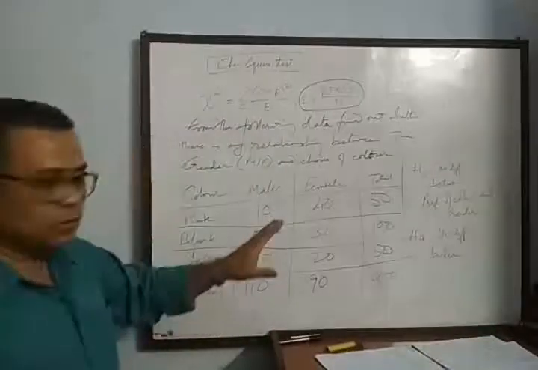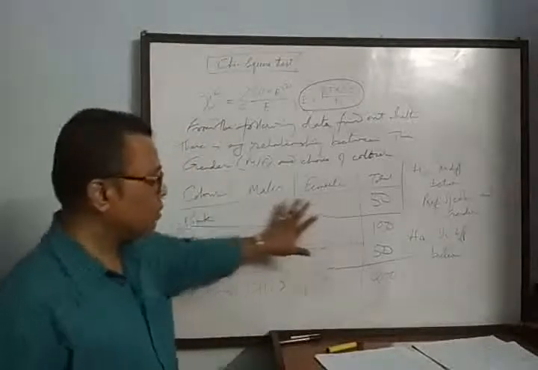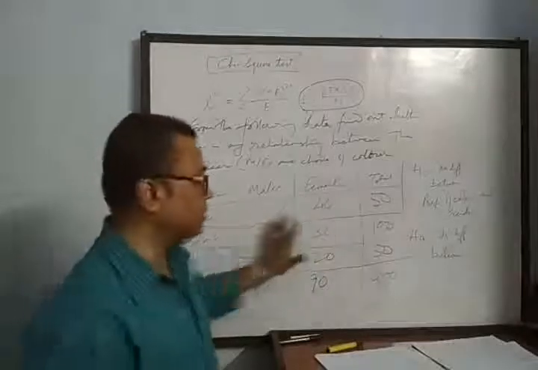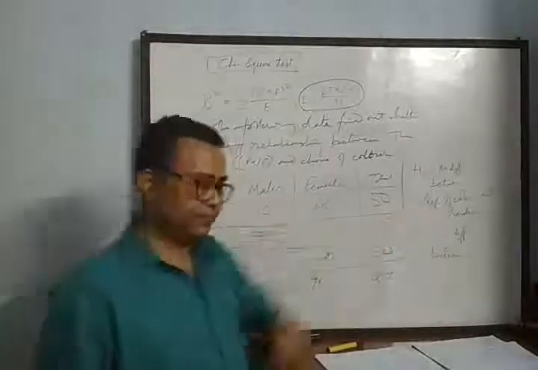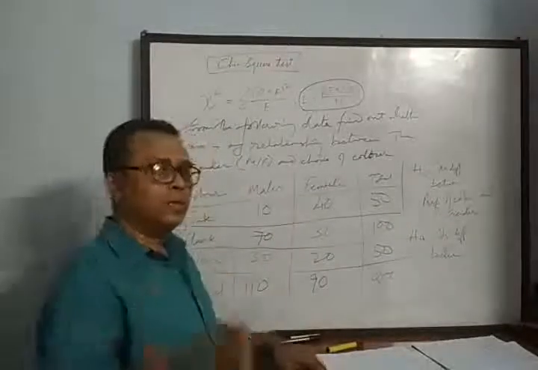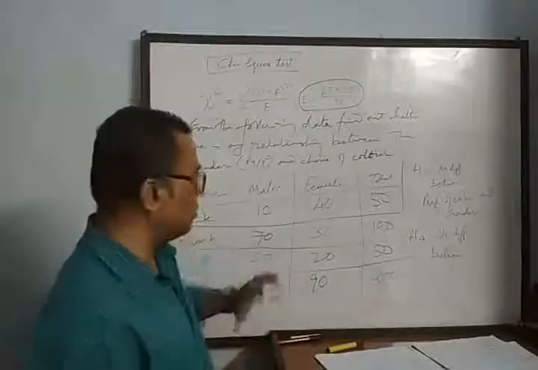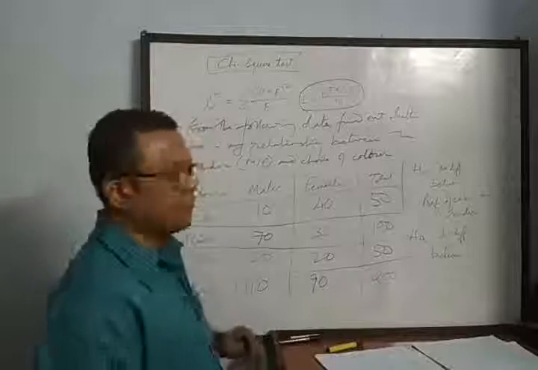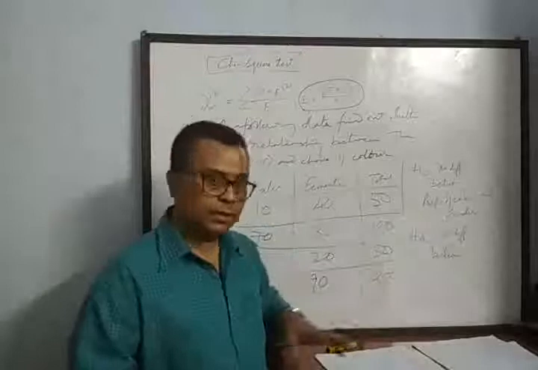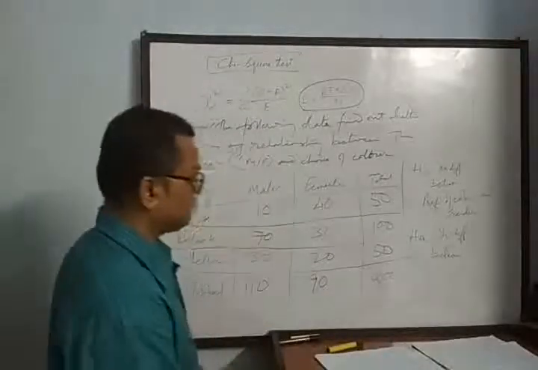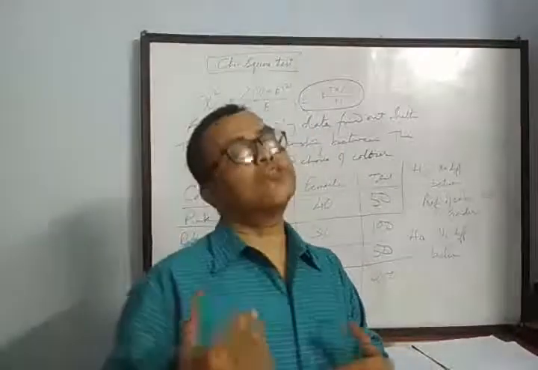So in the first case we will assume the null hypothesis as there is no relationship, no difference between the preference of color and gender, and our alternate hypothesis will be there is difference or there is some relationship between the preference of color and gender. So next we will come to its solution.